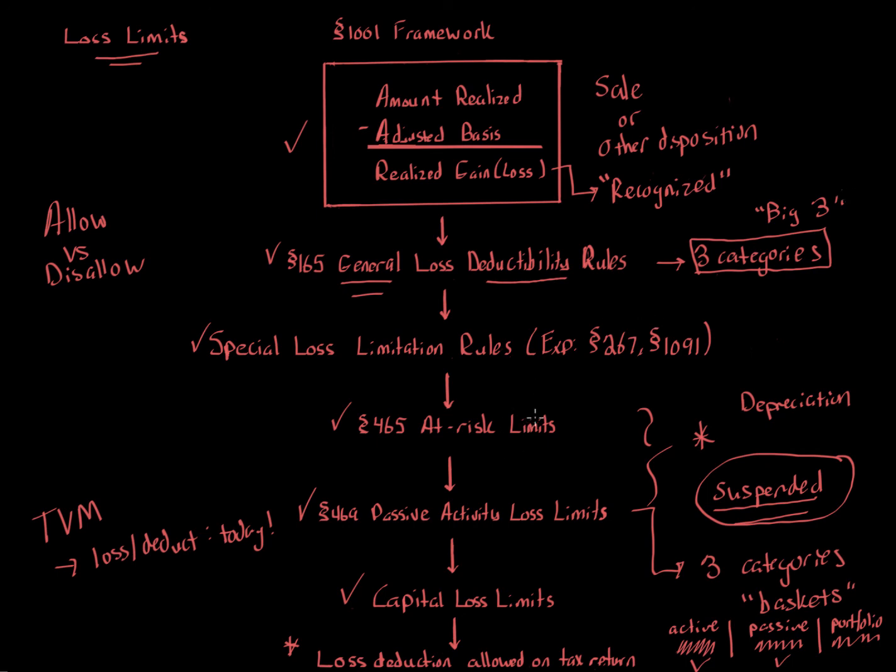So if you go through all this, you might have some amounts limited and not allowed, some suspended, and some that is taken on the tax return in the current year. So this really concludes this topic. Again, there will be some other videos that go into more detail with respect to some of these rules.